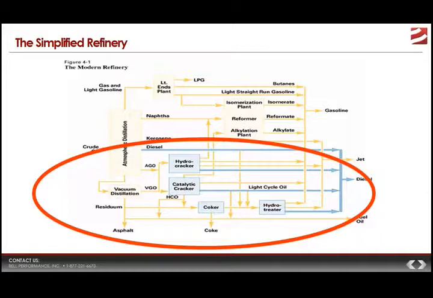Now, for every barrel of crude, a barrel being 42 gallons, you typically get about 40% gasoline, about 20% diesel fuel, about another 10% jet fuel, then another 5% fuel oil, 4% LPG, that's natural gas, and then about 18 to 20% of other products.